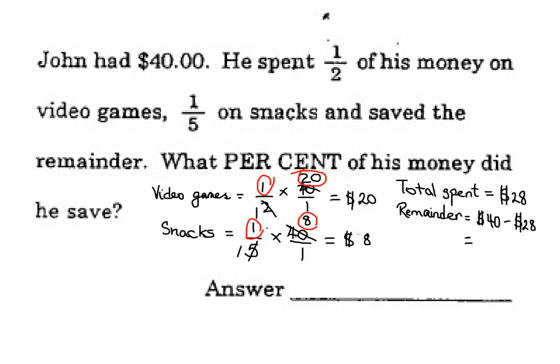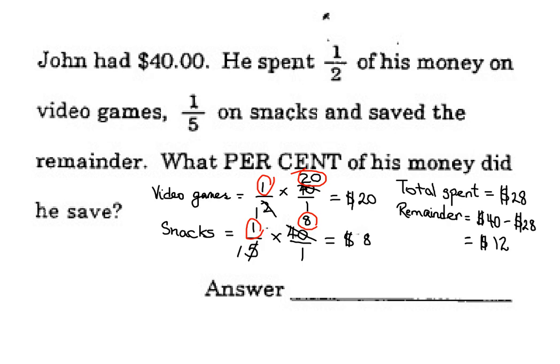Take it away. Don't add it. Take it away. Remember, you're going to have less. 12. 28 plus 2 is 30, and then 30 plus 10 is 40, so you get $12, right?